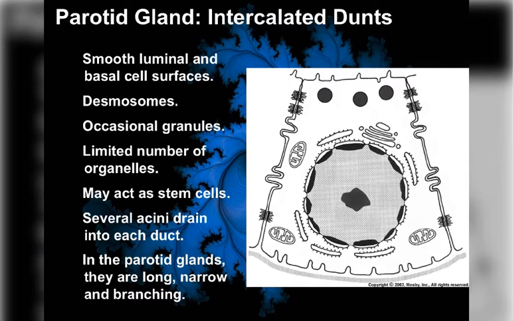It's easier to find an intercalated duct in a parotid gland section. Why? Because they are long and branching, so you can easily find them. But it's harder to find an intercalated duct in a submandibular gland section because they are short.